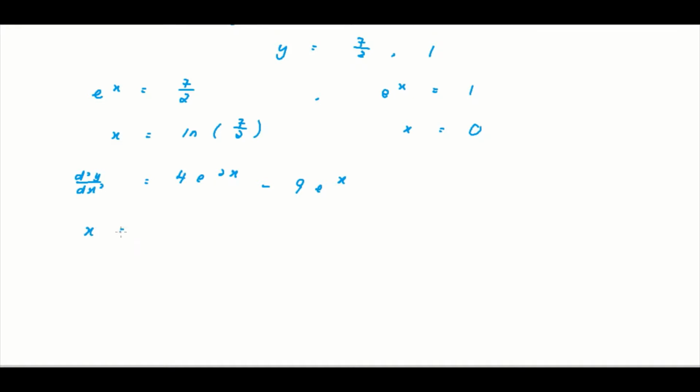So when x equals ln(7/2), d²y/dx² will be equal to 4e^(2 ln(7/2)) minus 9e^(ln(7/2)). Don't worry, just check everything in your calculator.